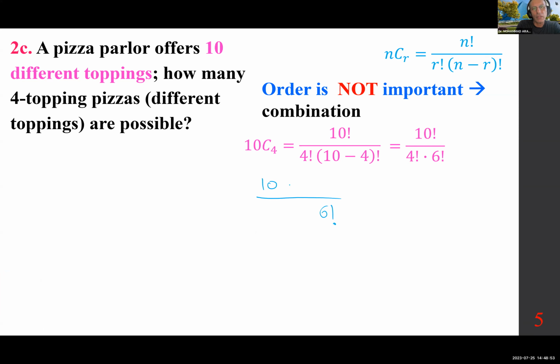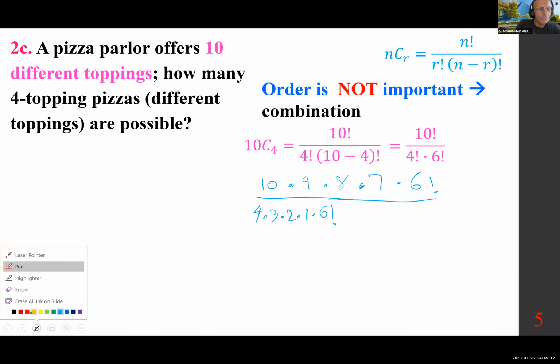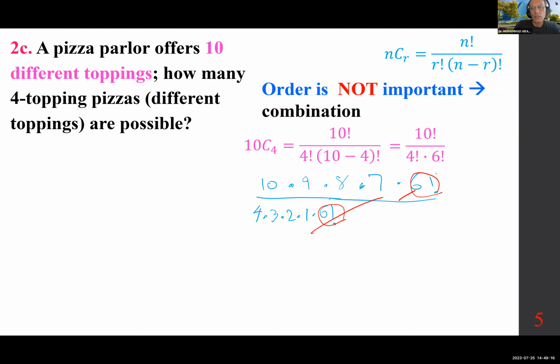So the top, make it 10, 9, 8, 7, 6 factorial, multiplied by the 4, you don't have a choice but to go with 4 times 3 times 2 times 1. And so why did I stop at 6 factorial? Because I can drop those.